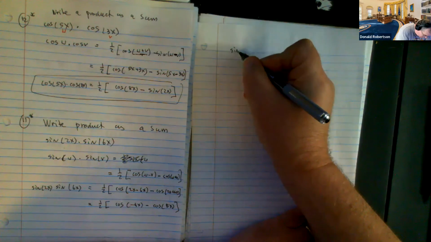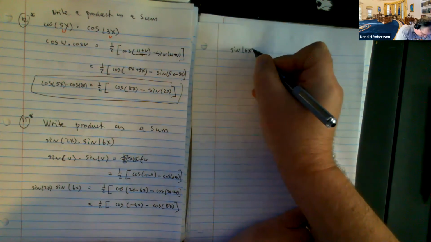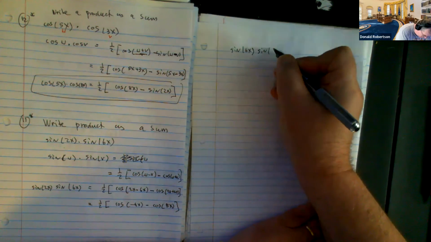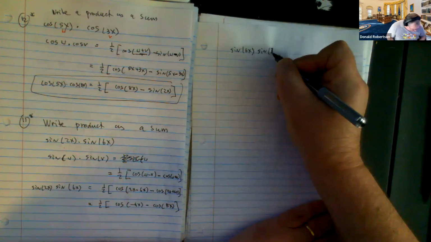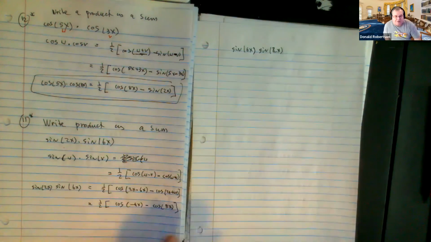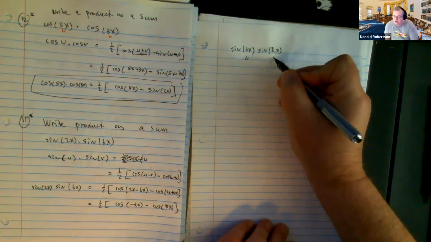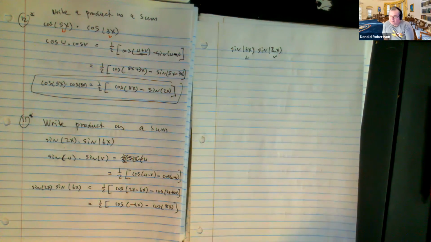So there are two ways to tackle this question. Let me show you the easiest way. If you don't like the way something has been written, and in this case it is possible to do it, couldn't I just rearrange it to be the sine of 6x times the sine of 2x? Couldn't I just swap the u and v's? Would that make sense? Now, what would that do to my calculation?